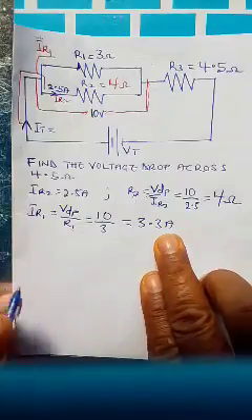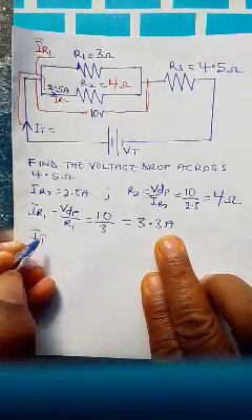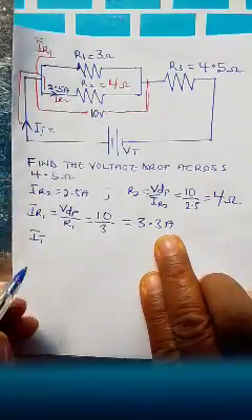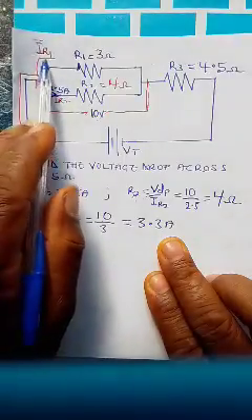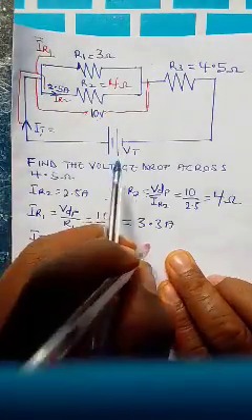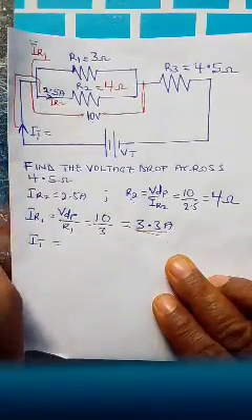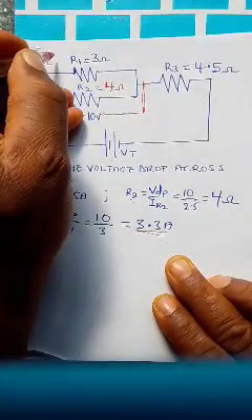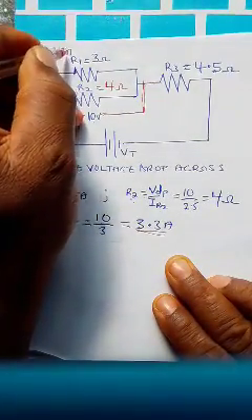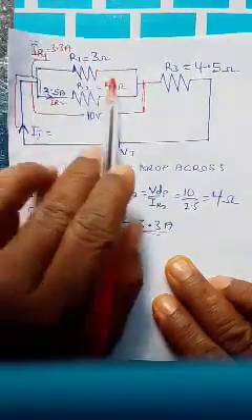So let's go and write the current in R1, which we just solved, here: 3.3 amps. That is the current flowing in R1.